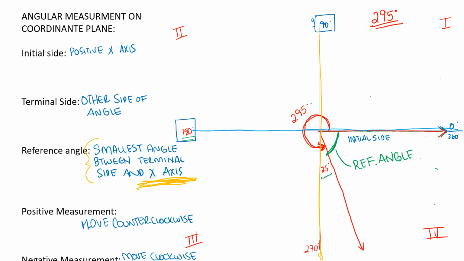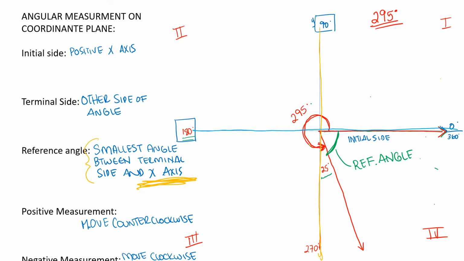All right, let's do another one. I'm going to erase everything. Let's just do a 70-degree angle and talk about its reference angle. So that was our 295. Let's do just a regular 70 degrees.